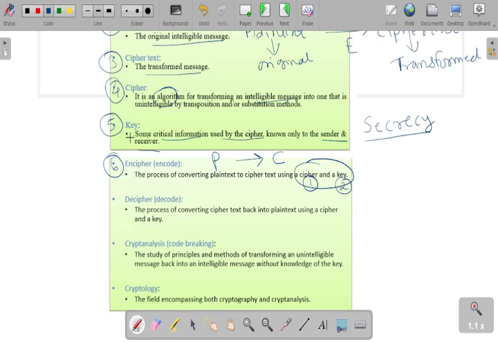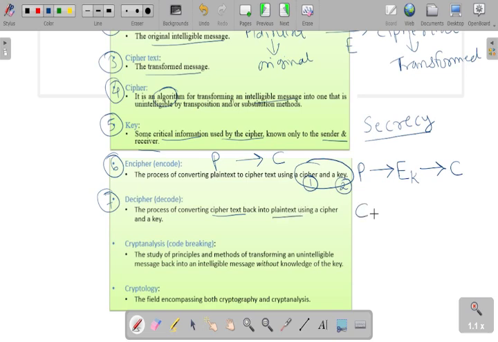Whenever we encrypt our information, we take our plain text, that is our original message, and use an encryption algorithm, which requires one key, and with the help of the key we transform the message into ciphertext format. That is called encipher. The next term is decipher, that is decoding. Here we convert our ciphertext data back to its plain text format.